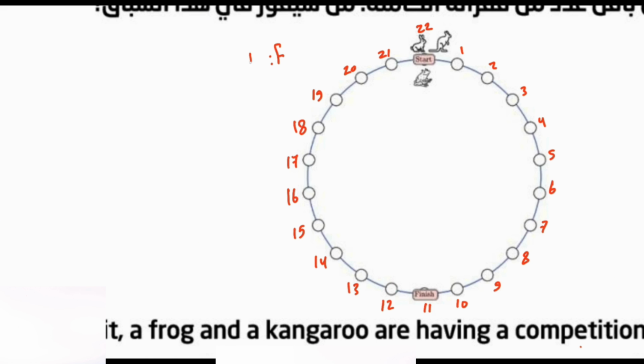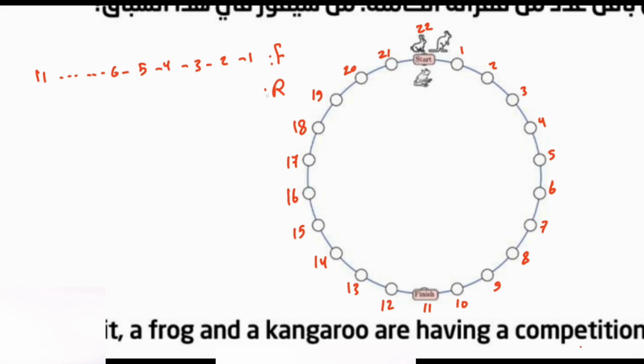Okay, now let's look closely at the circle. For example, the frog will start from 1, 2, 3, 4, 5, 6, 7, 8, 9, 10, 11. So he will need 11 steps to reach the finish point.